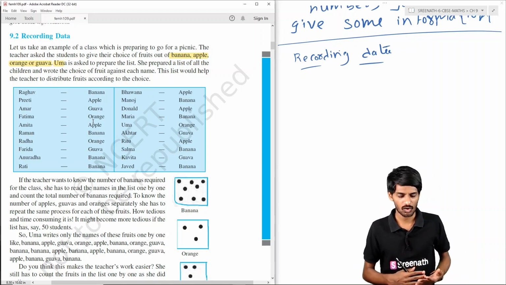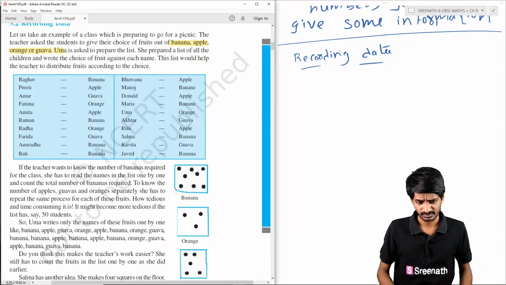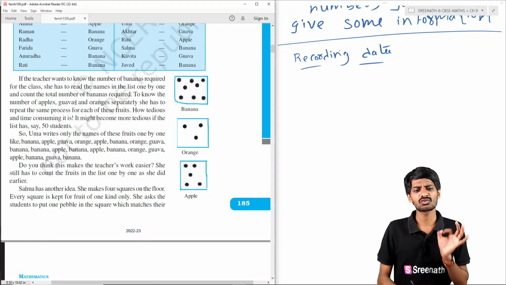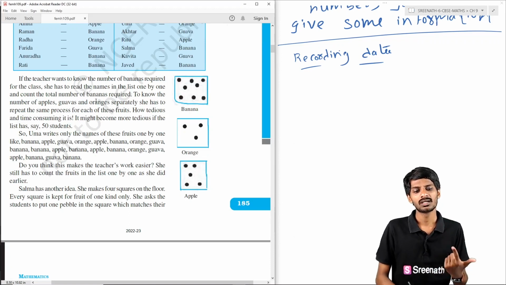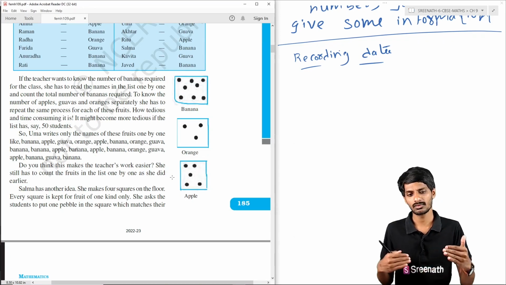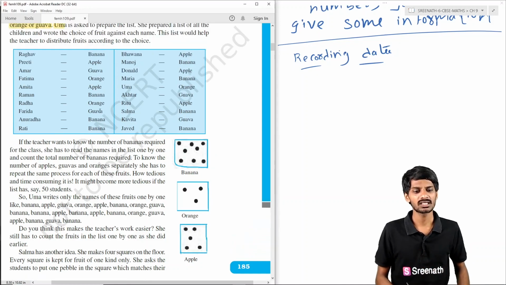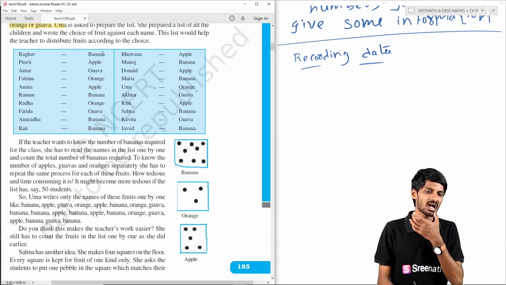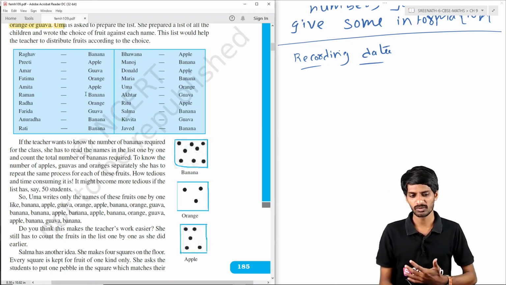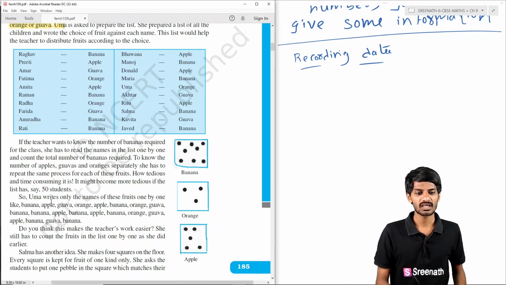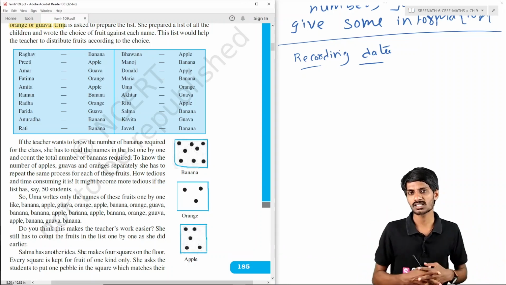Okay, students. If the teacher wants to know the number of bananas, apples, or oranges she has to buy, how can she know it? If she counts under Raghav banana, Preeti apple, like that, it is time consuming. Suppose there are 50 students, it takes too much time.